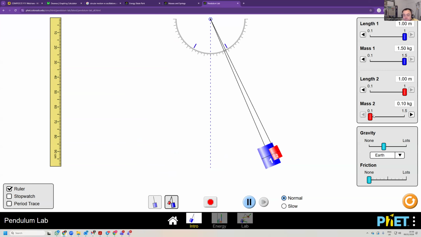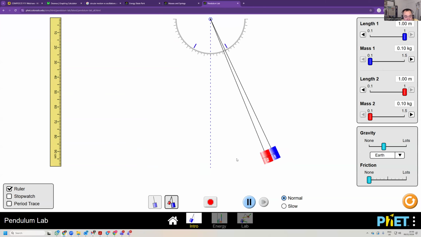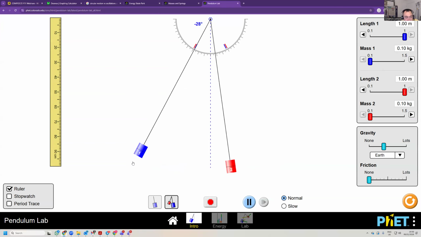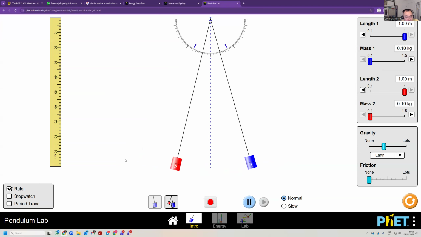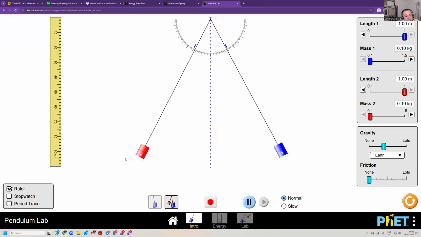That, by the way, is what phase is. Let's increase the mass and reduce the masses. So they have a slightly different phase. Now they are in antiphase, with a phase difference of pi.